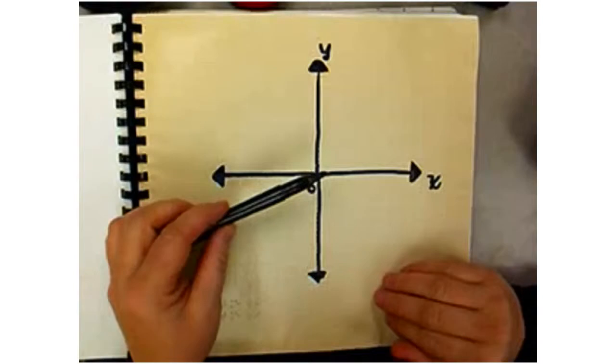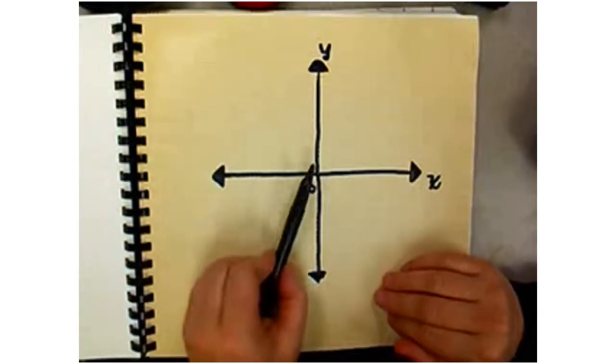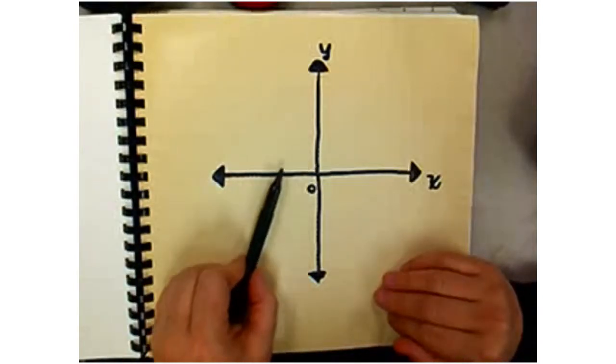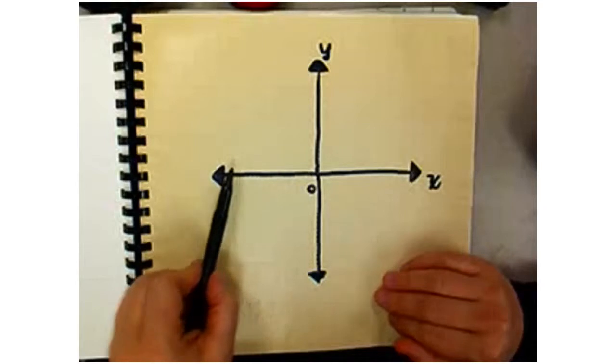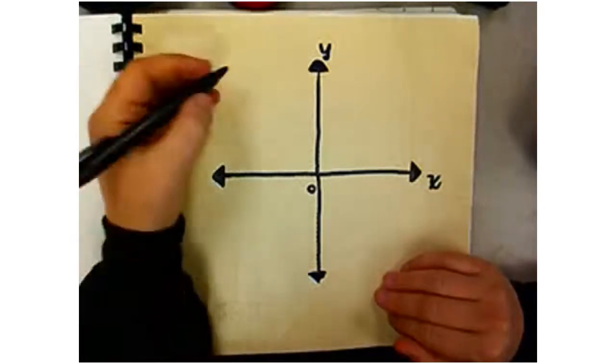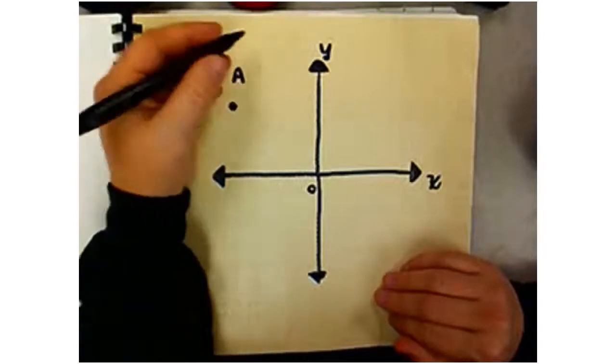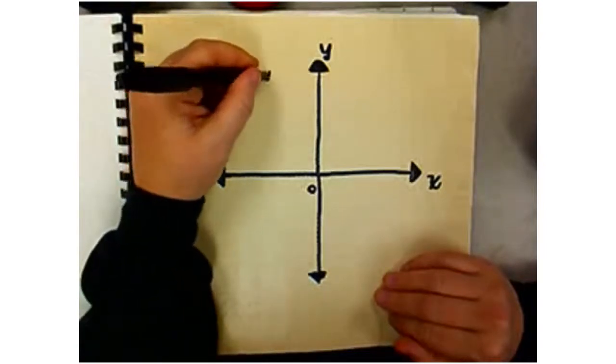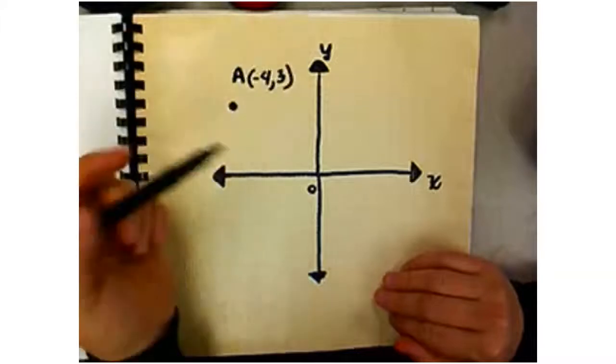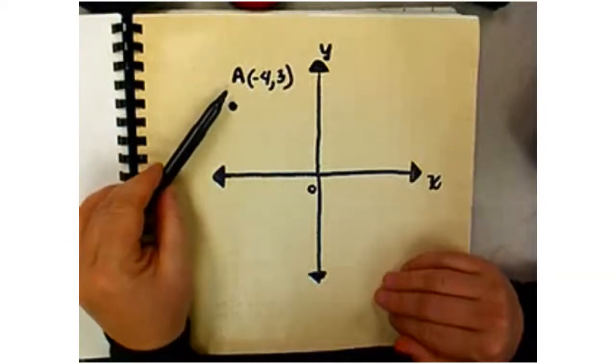So if you go to quadrant 2, you will find a point at 1, 2, 3, -4, and 1, 2, 3, -4, 3. There is a point. And they're labeling that point A, open paren, -4, 3, close paren, directly above and to the right of it.